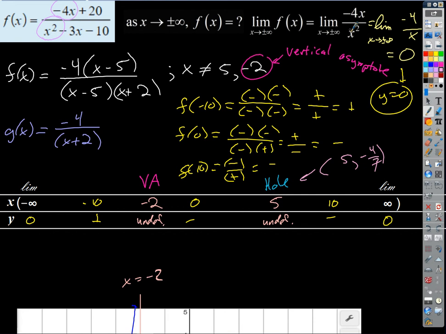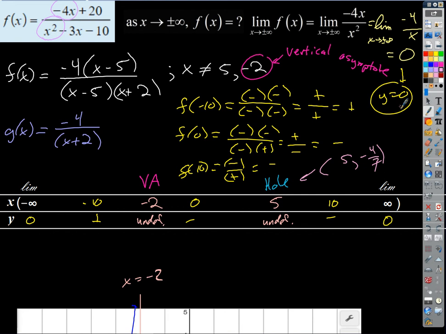Look what happens: I have an x over an x squared, so I can cancel one of the x's and end up with negative 4 over x. As x gets really big, that fraction goes to 0. So the limits at negative infinity and positive infinity both end up being 0. That tells us we've got a horizontal asymptote at y equals 0.